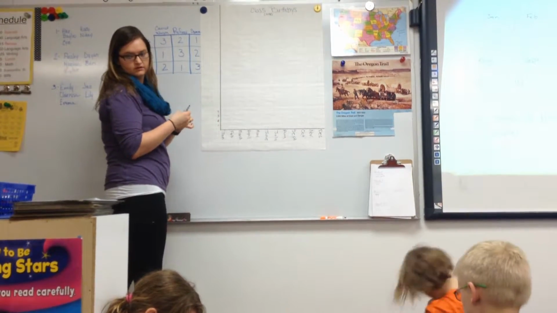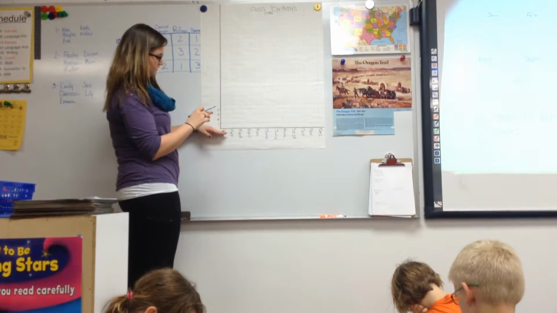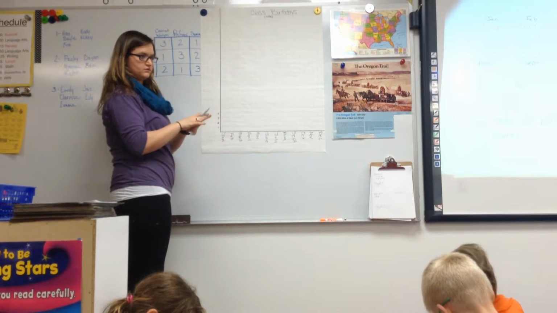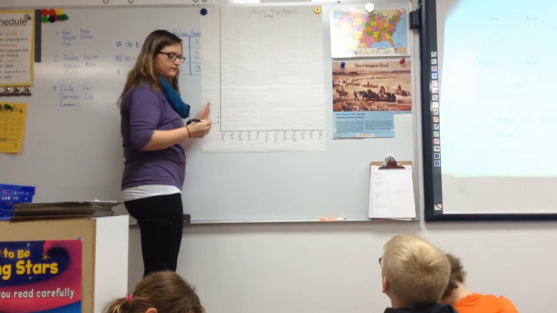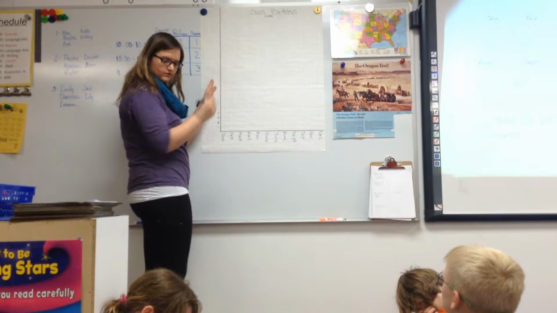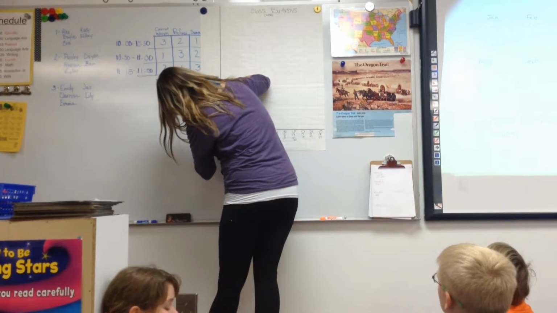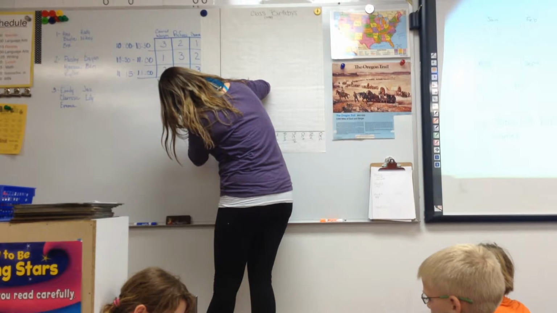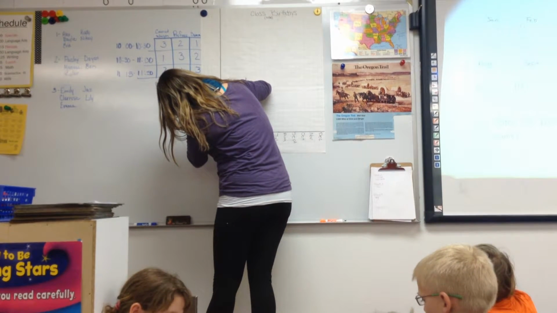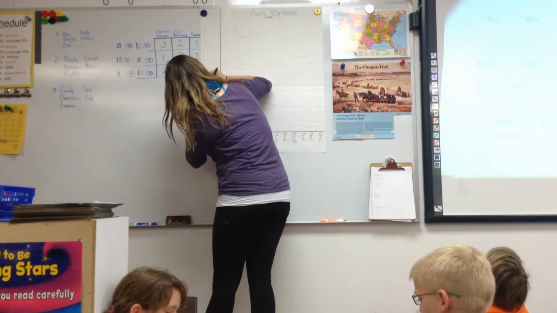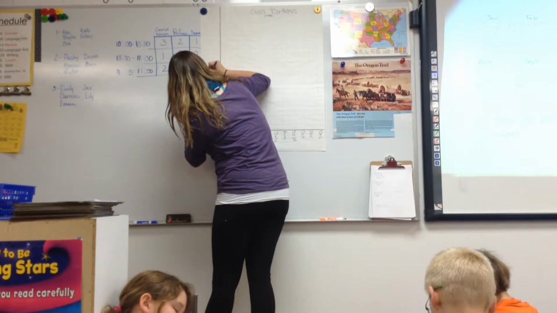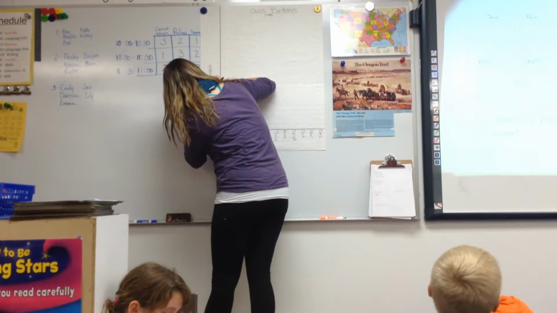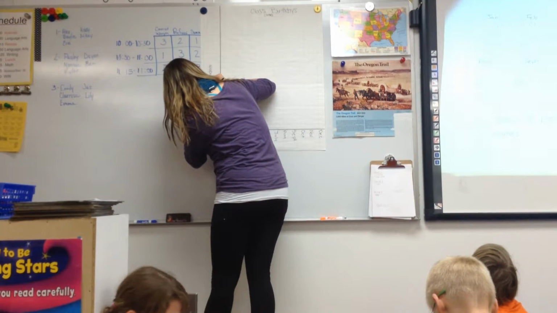Number of class students, okay? This one, I would like you guys to write sideways as well. What are you going to write? Number of class students. And in parentheses, I want you to write Y axis.